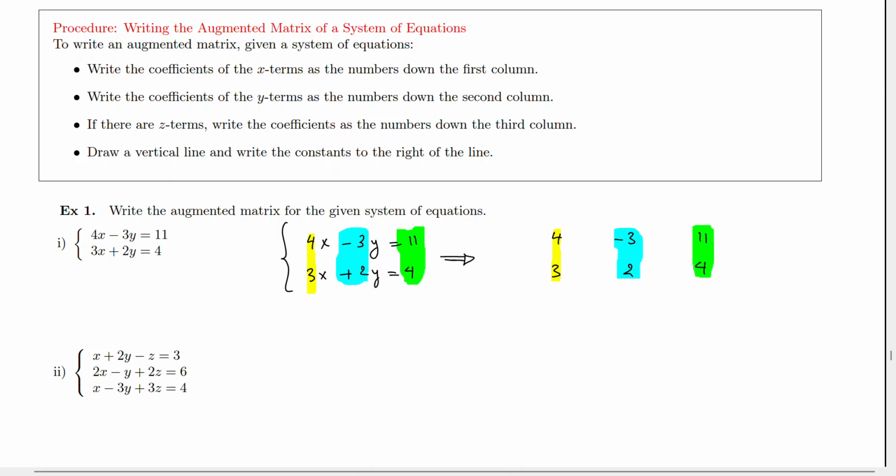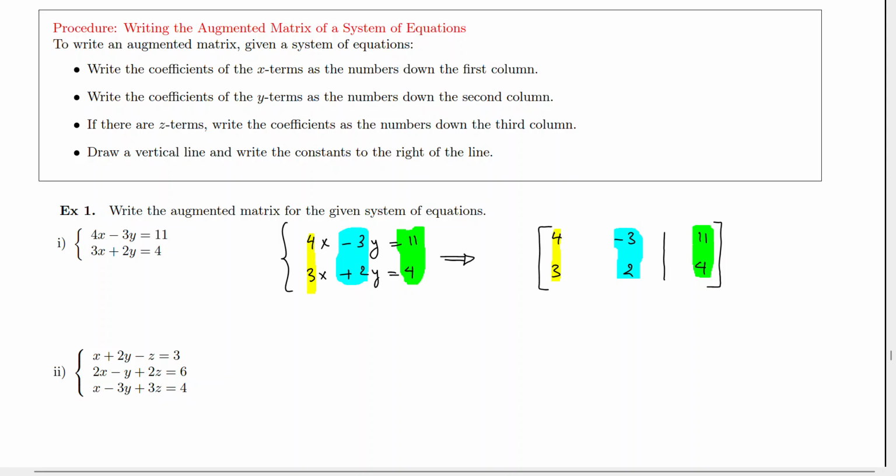Now, to make it into a matrix, we'll add a square bracket at the beginning, a square bracket at the end, and because this is an augmented matrix, we will put a vertical line between the second and the third column to remind us that this is where the equal sign used to be. So 4 and 3 are the x values, the -3 and the 2 were the y values, and these were just the numbers that didn't have any variable.